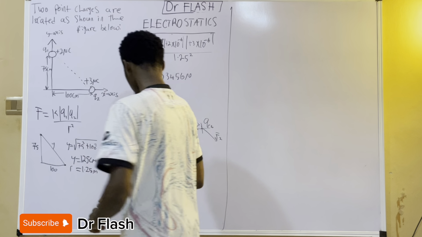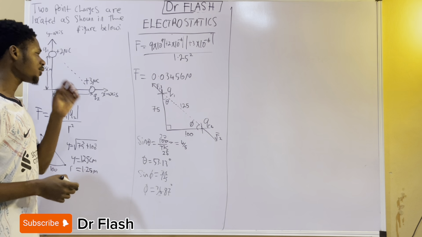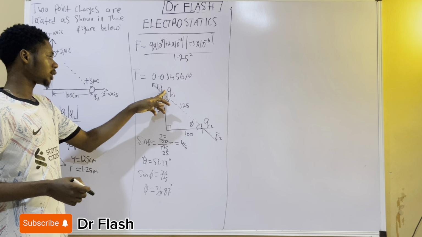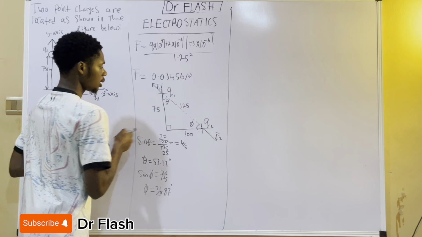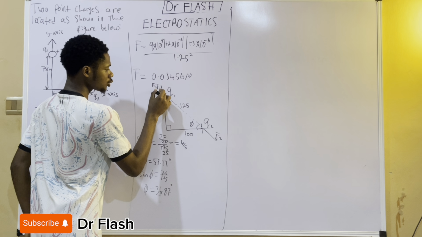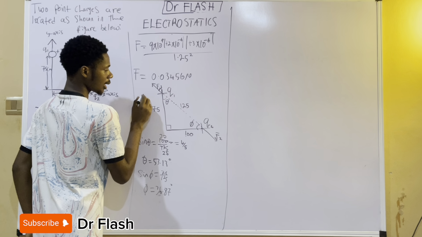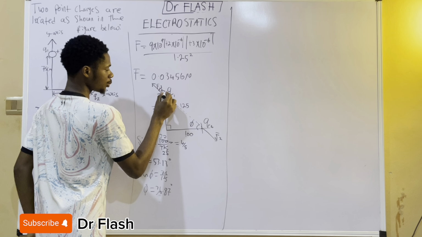For F1, we want to write F1 in terms of its coordinates of free space. So for F1, we're resolving F1 down to the positive y-axis, from here to here, and also from here to the positive x-axis.